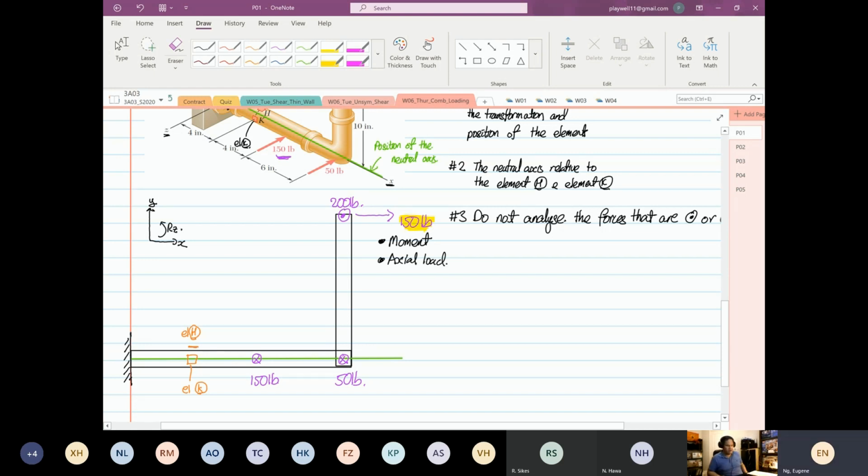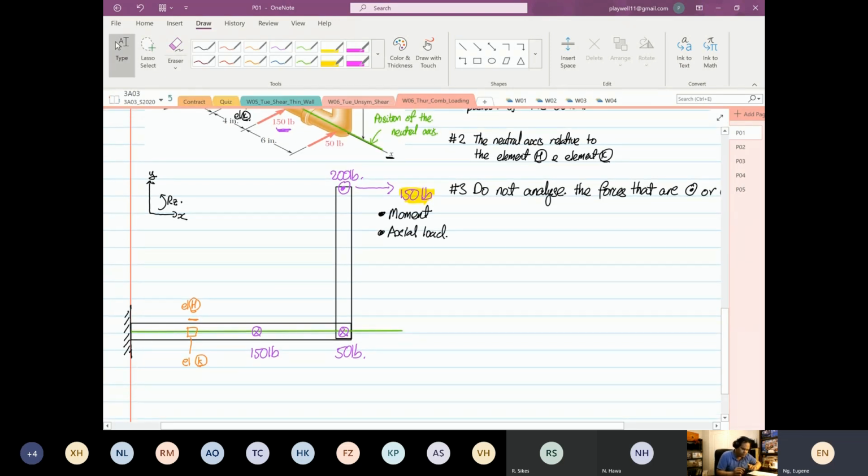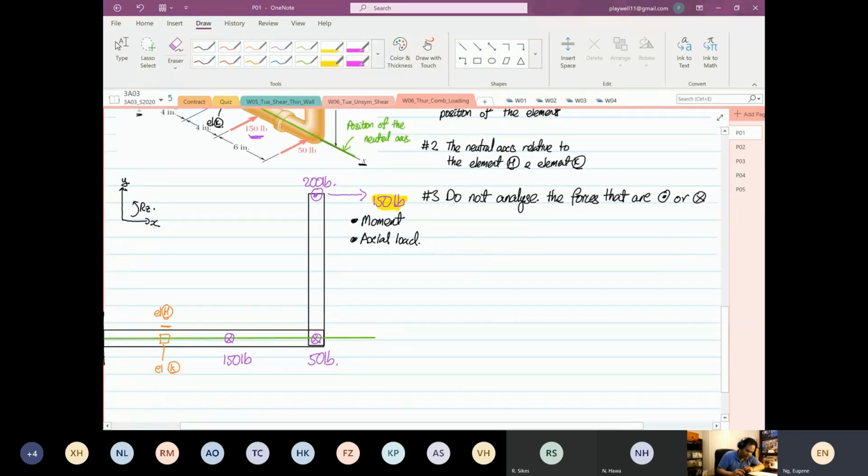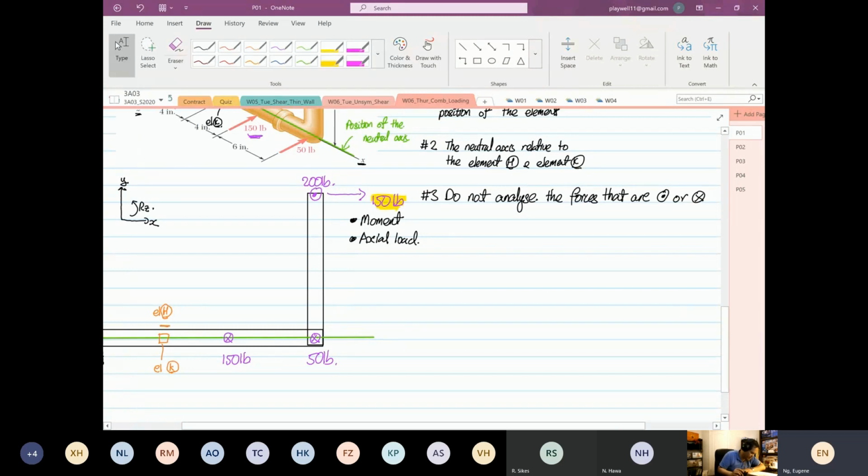I repeat again, the 150 pounds will generate a moment, and it's also going to generate what? An axial load. Let's look at the moment first. So at the 150 pounds, let's analyze based on moment first. Any questions so far?